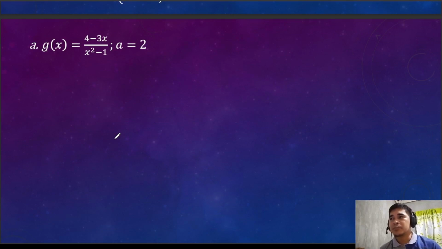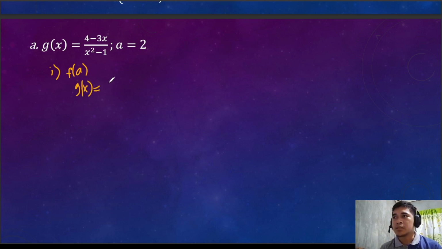g of x equals 4 minus 3x over x squared minus 1, and a is equal to 2. So take note, we need to satisfy three conditions. Number 1 is find the f of a. So here we have g of x equals 4 minus 3x over x squared minus 1. Now our a is 2.